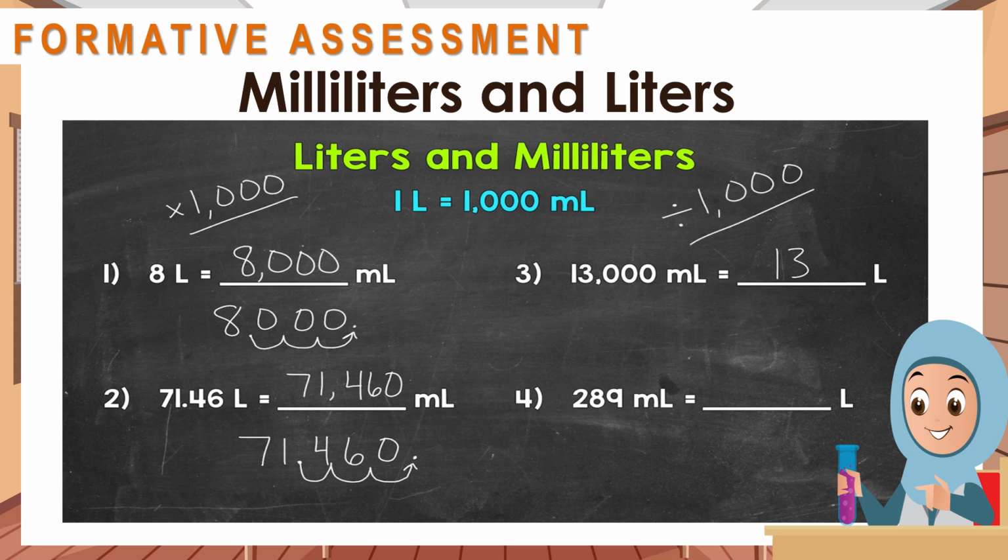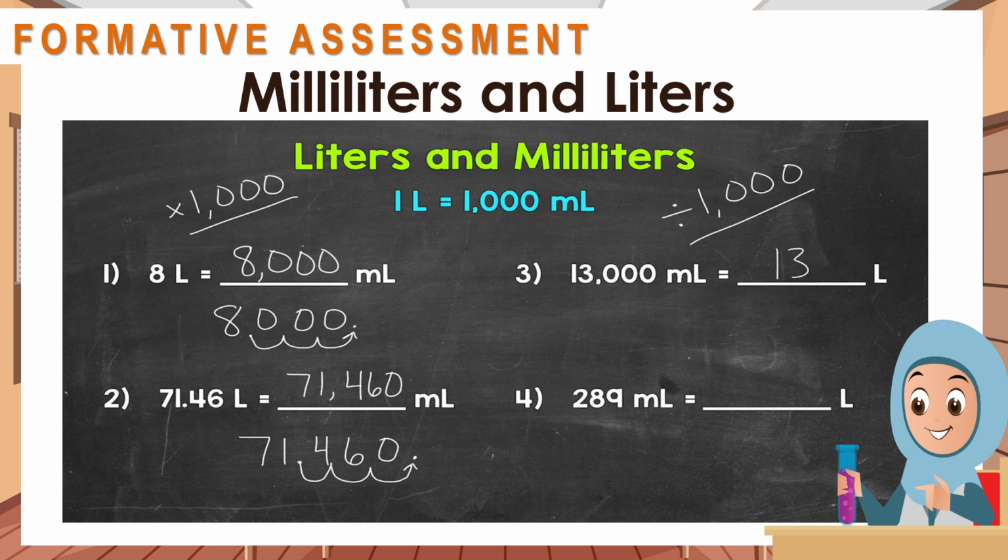Let's move on to number 4, where we have 289 milliliters equals how many liters? So milliliters to liters, we divide by 1,000. Now this number isn't as easy to work with as the 13,000 in number 3. We used mental math for number 3. For number 4, what we can do is move the decimal 3 times to the left.